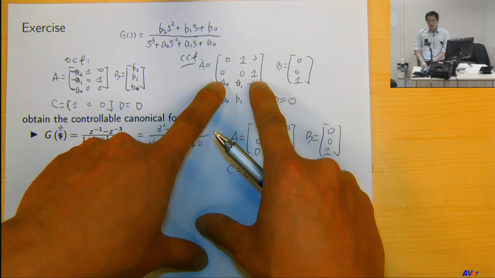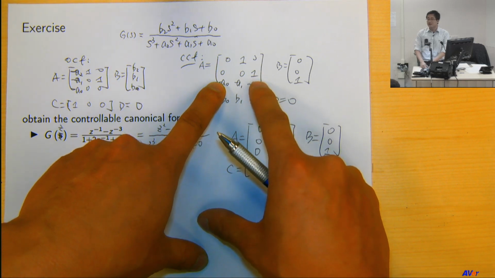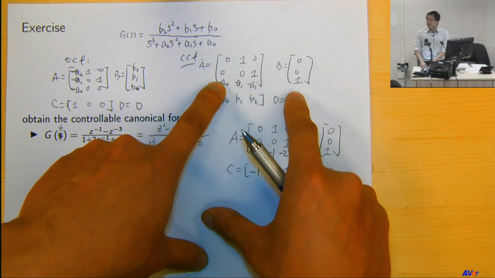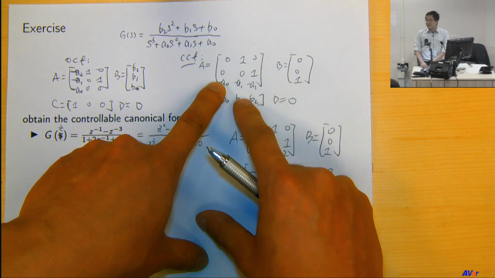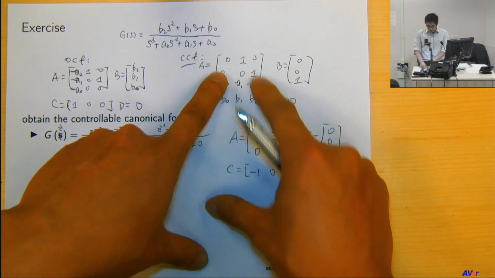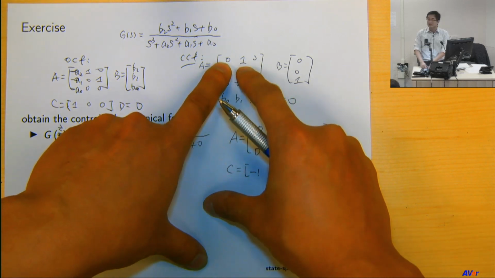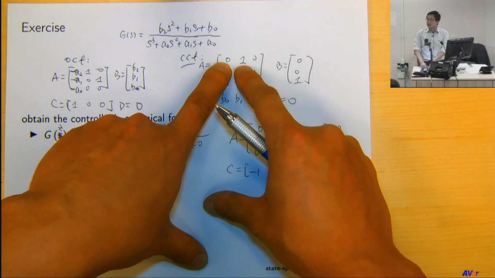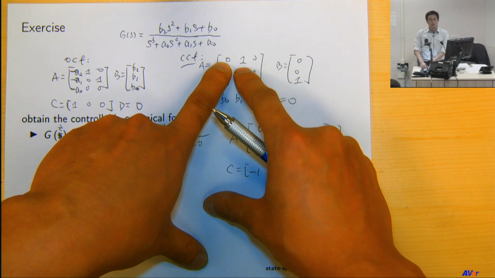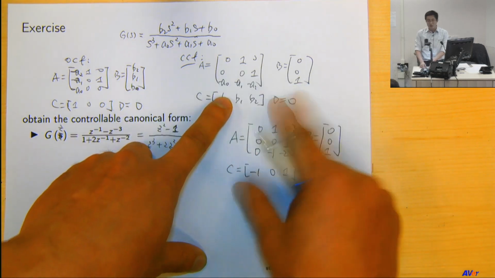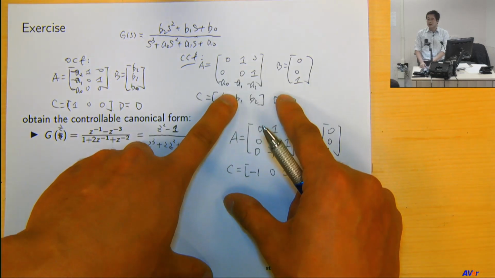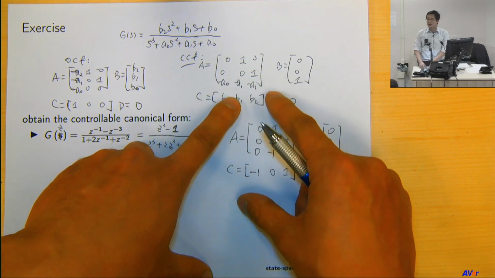X2 dot is X3. The derivative of X2 is X3, right? If my control can directly impact X3, then X3 impacts X2 also, right? X2 is just the integration of X3. So similarly, once I influence X2, then X1 is impacted. X1 dot equals X2. That's how the controllable canonical form makes some sense.